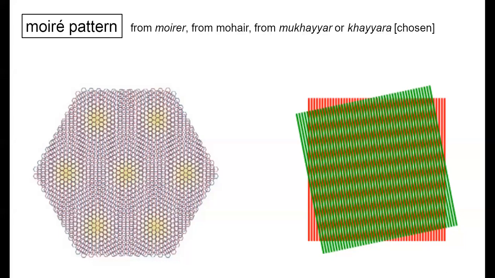Does anyone speak Hindi? I'm told that the word exists in that language as something like the boss or the chief. Is that correct? Yeah, maybe. So it's made it into that language as well. Anyway, so the Moiré physics is the best or the chosen physics.